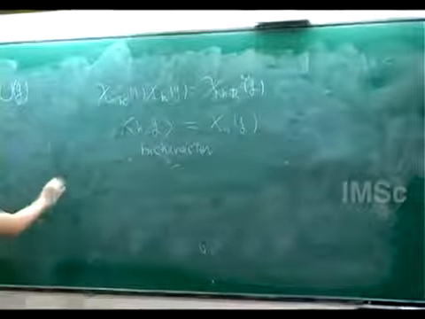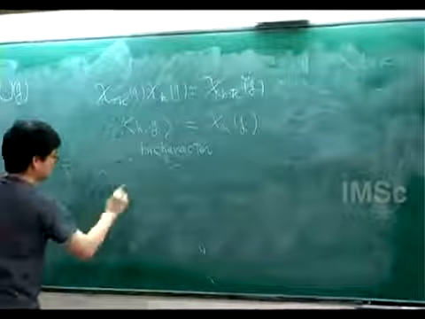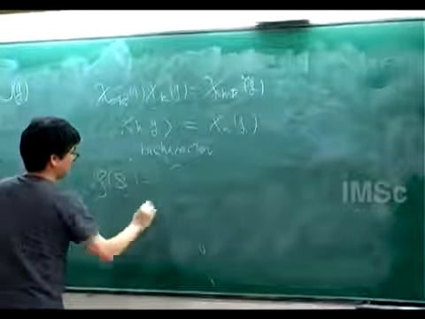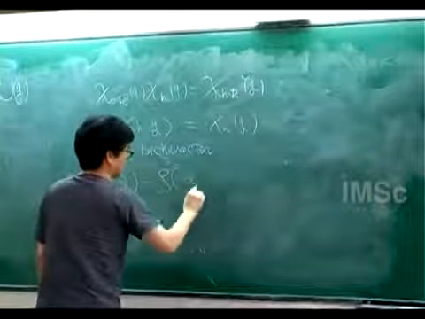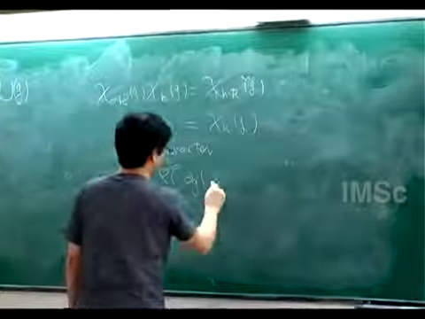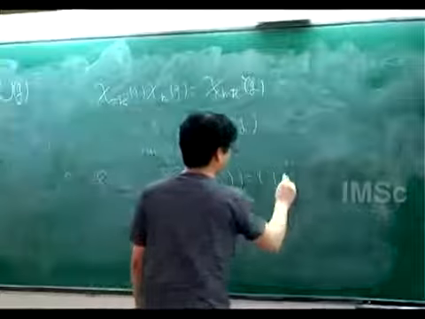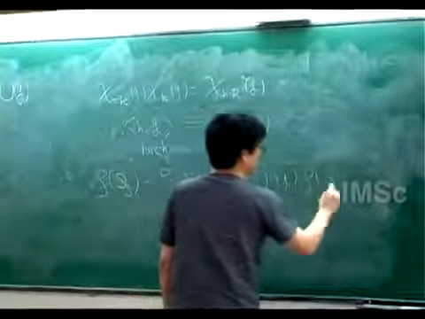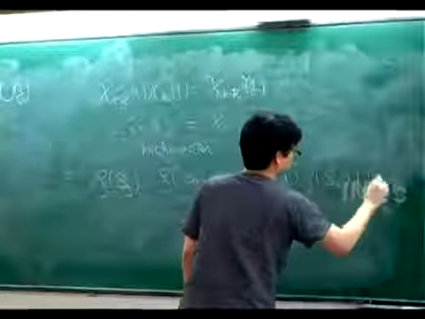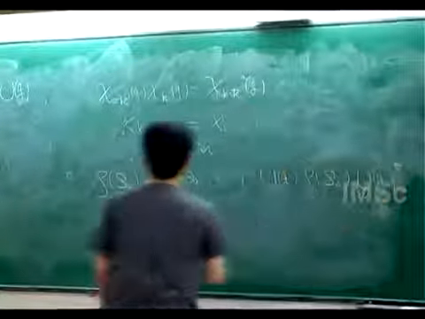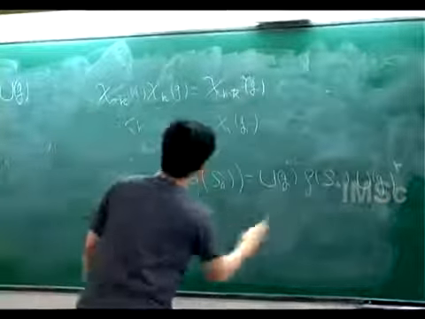Now let me compute this. So this is alpha z S0. So by the definition of UZ, U star. And we already know this.